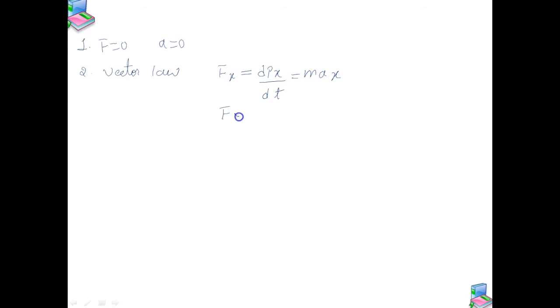Similarly, the force in y direction can be written as dpy by dt, that is m into ay, and similarly the force Fz is dpz by dt, that is m into az.